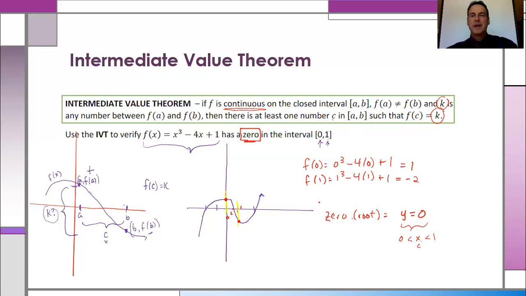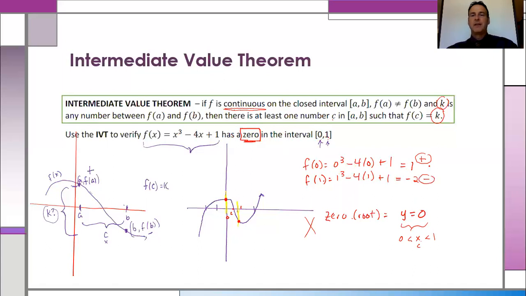Now, in theory, when I answer this question using the intermediate value theorem, I don't really have to write this part. What I'm going to say is that at one endpoint, I got an x value of 0. When I plug it in, I get a 1. That is a positive number. And sometimes I'll use the second number, which is 1. I'll work that out, and I get a negative value.